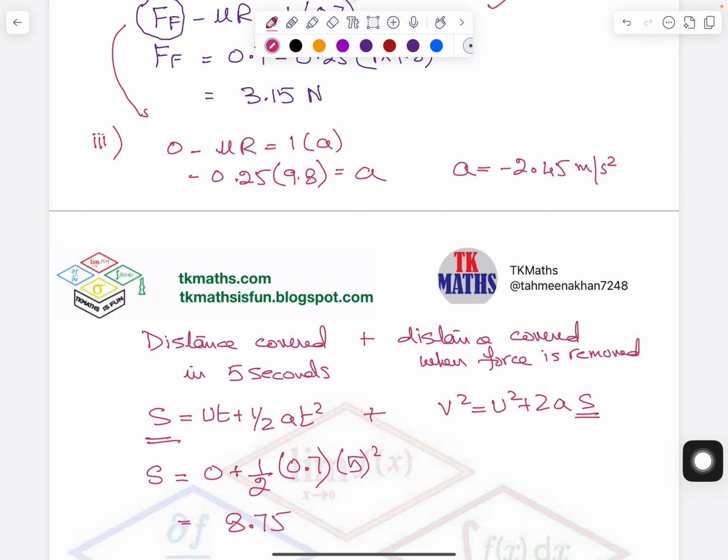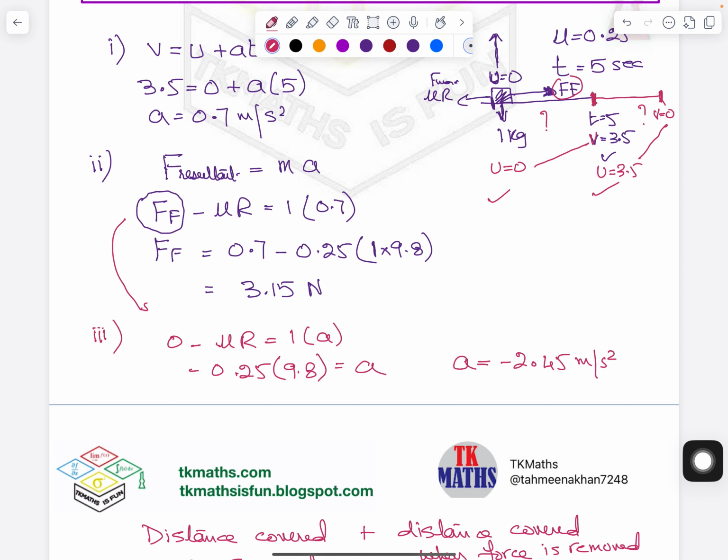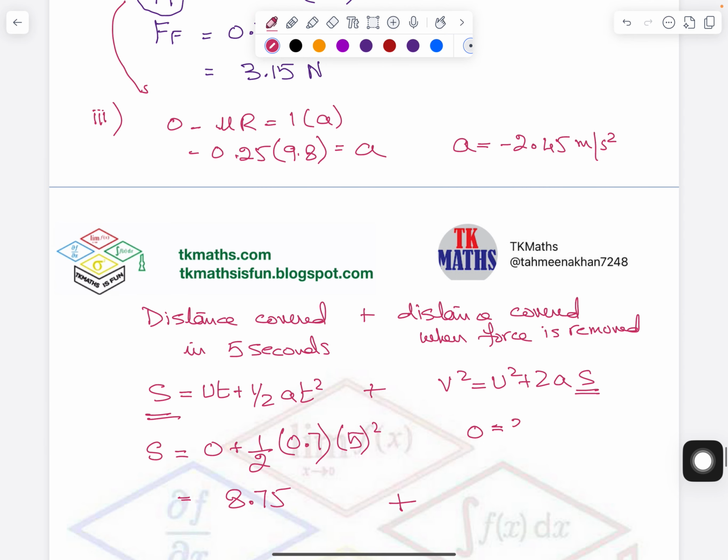In the second part, v was 0, initial velocity is 3.5 squared, and acceleration was negative, minus 2.45, and s you have to calculate.